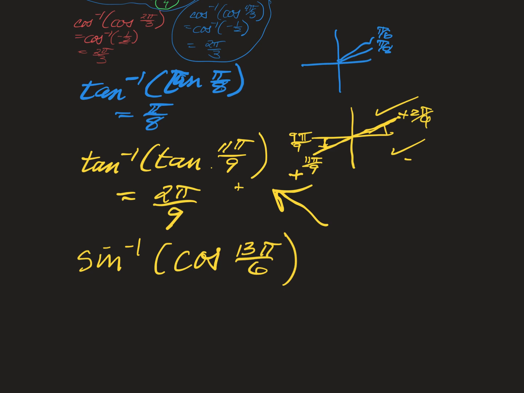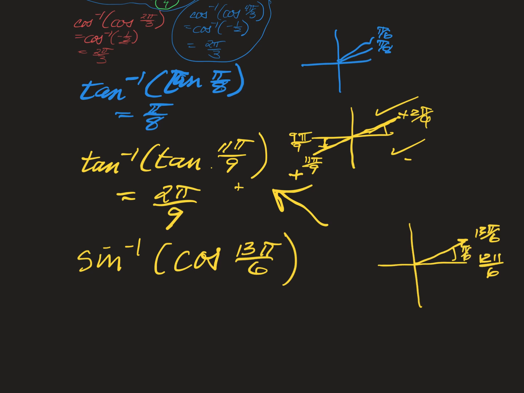So where is 13 pi over 6? The first thing I want to know is where is 13 pi over 6? If you notice, 12 pi over 6, that's 2 pi. So this is fully one rotation around, and it's in the first quadrant, 13 pi over 6. Okay? Reference angle is pi over 6.